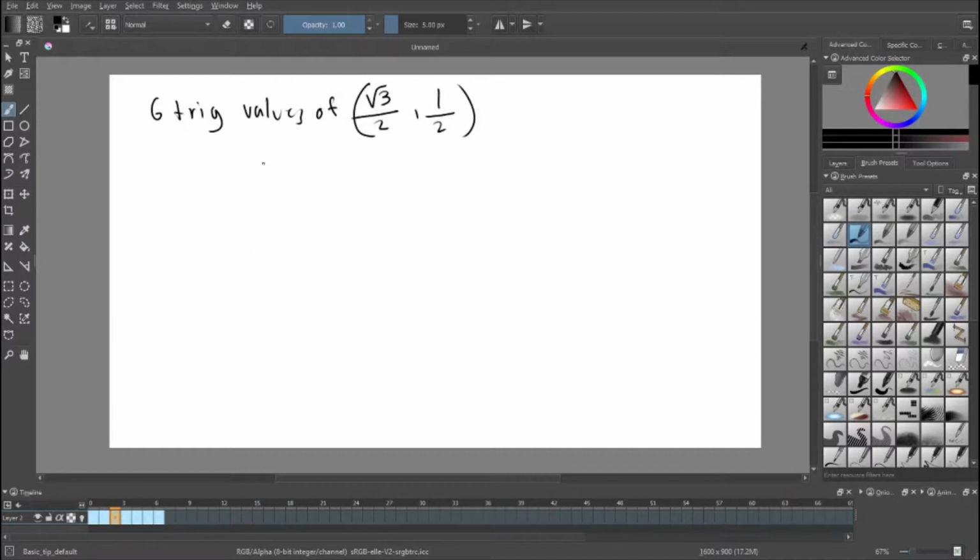Okay, so we are trying to find all 6 trig values of this particular point. What we're going to do is, obviously, these are x and y, and we know that x equals cosine and y equals sine.